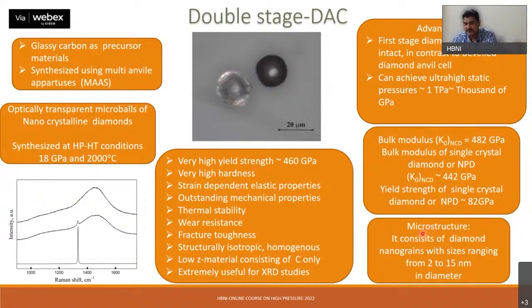This is basically because of their special microstructure. These nanocrystalline diamonds consist of diamond nanograins with sizes ranging from 2 to 15 nanometer in diameter. And these nanograins are entangled with each other, and that causes the higher bulk modulus and this very high yield strength.